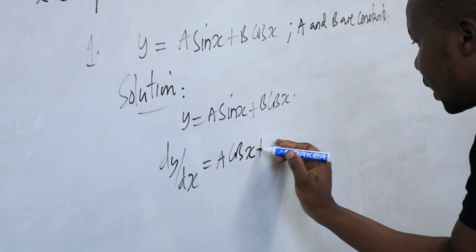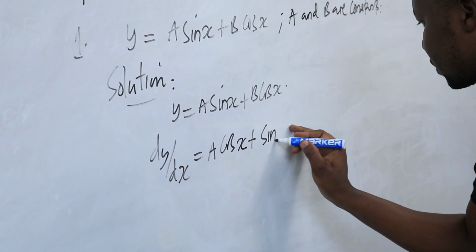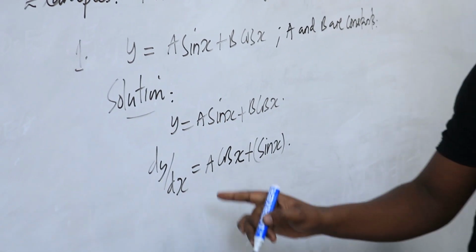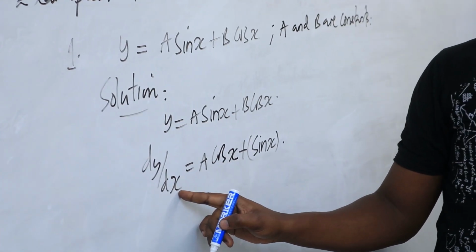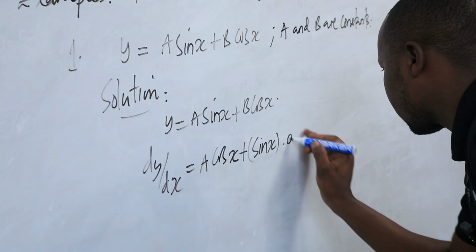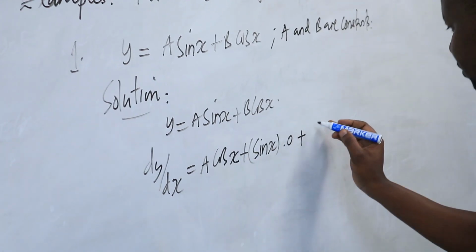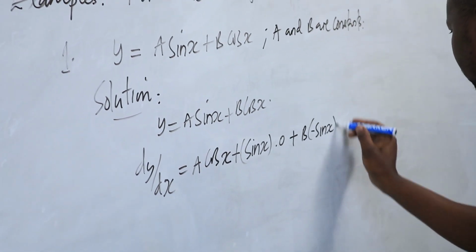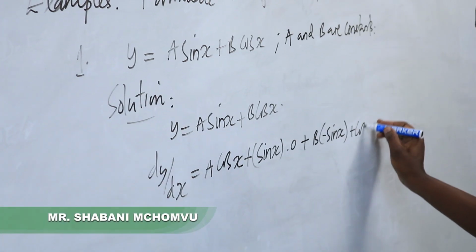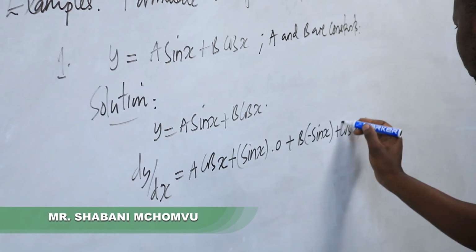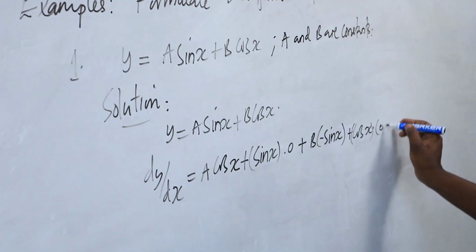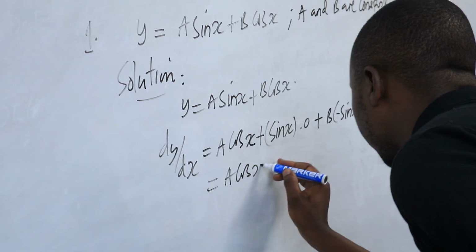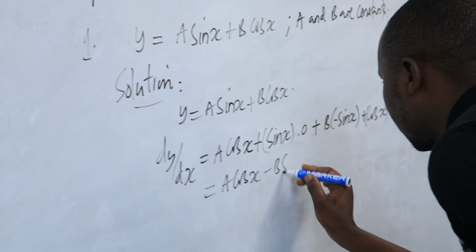And the plus, when we keep constant sine of x and differentiate a, this becomes 0 because a does not concern x, the variable of respect. Now we plus, the same applies, we keep constant b, differentiating cos, we get negative sine of x. So what we have is a cosine of x, then minus b sine of x.